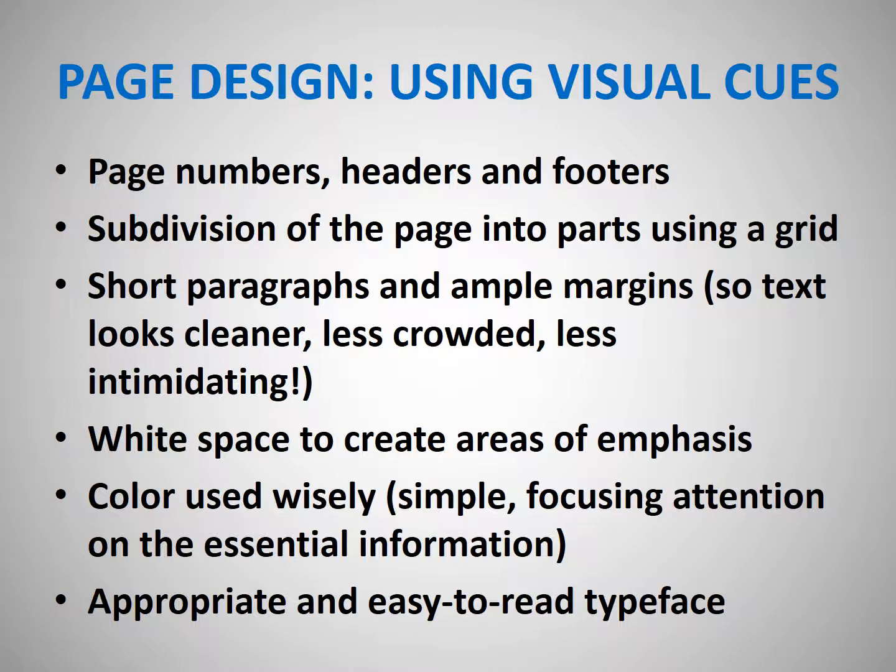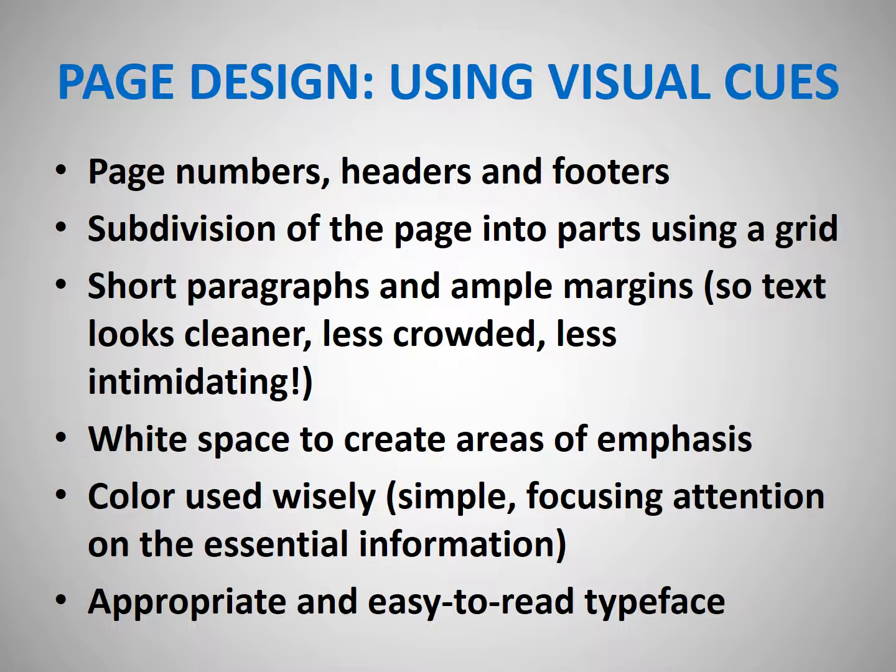Okay? Now, I said ample margins around paragraphs. That's one way of using white space, in other words, empty space on a page. Another way of using white space on a page is actually to create areas of emphasis of information. So if you have a couple of paragraphs that you think are especially important for the reader to absorb and understand, what you might do to focus the reader's attention is to indent those paragraphs on the page.